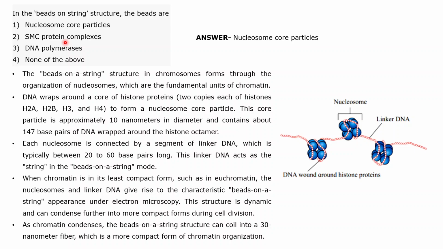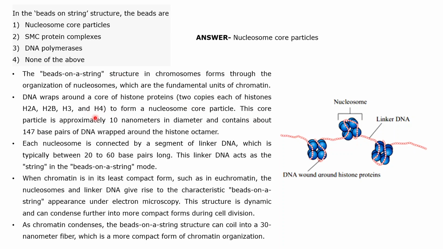I'm just giving a brief description on this, like you know the answer basically, but I'm just giving you an answer to it. So the beads-on-string structure in chromosomes forms through the organization of nucleosomes, which are the functional unit of chromatin. You can see the histone octamer there in each case, and the DNA is wrapped around it. The histone octamer consists of two copies each of H2A, H2B, H3, and H4 to form a nucleosome core particle there.